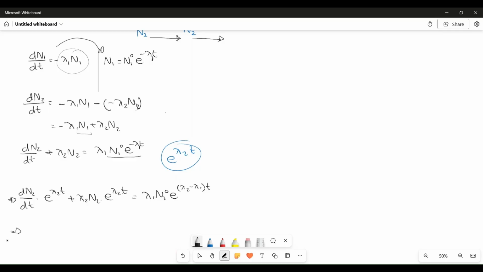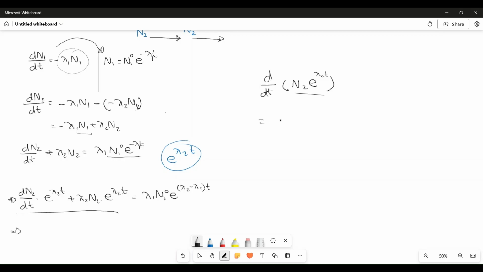Now let's do one thing. If I differentiate the term n2 e to the power lambda 2 t, we will get this term. You get it?